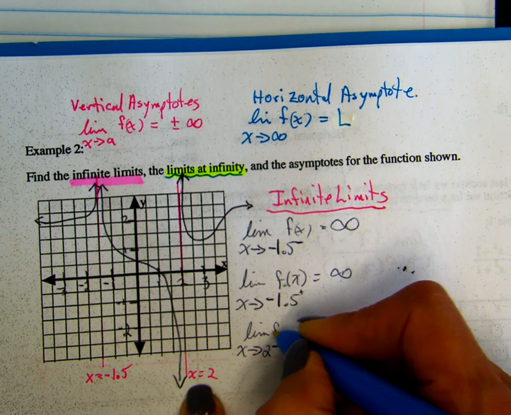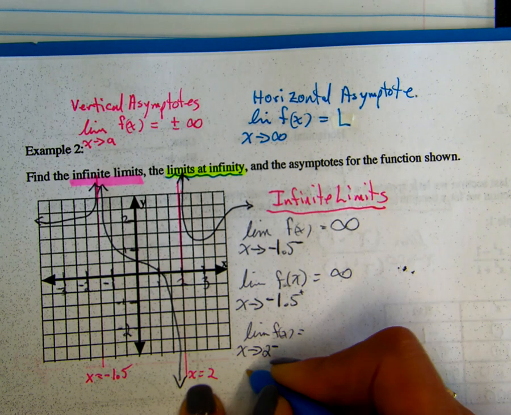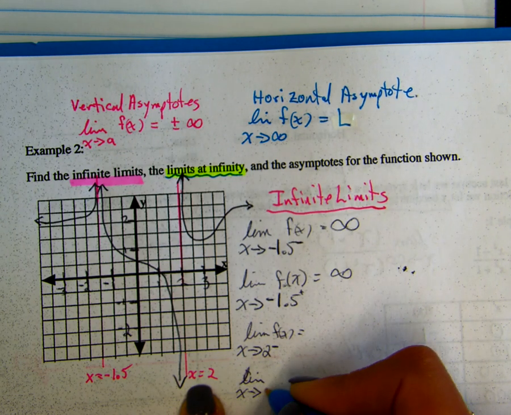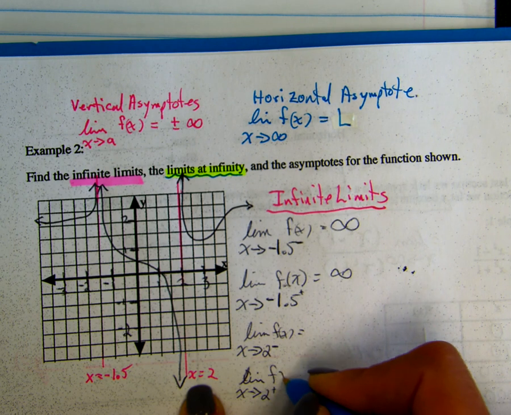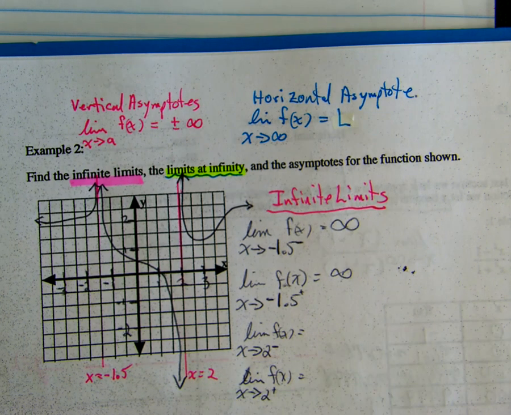So x isn't allowed to equal 2, and the limit approaches 2 from the left and from the right.